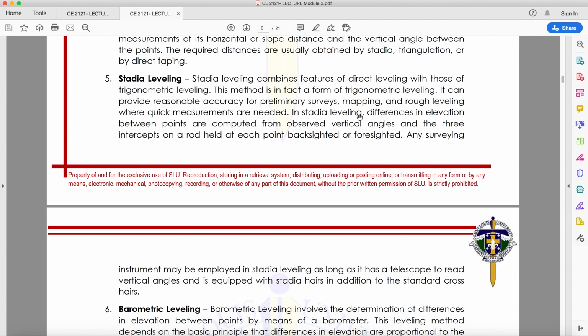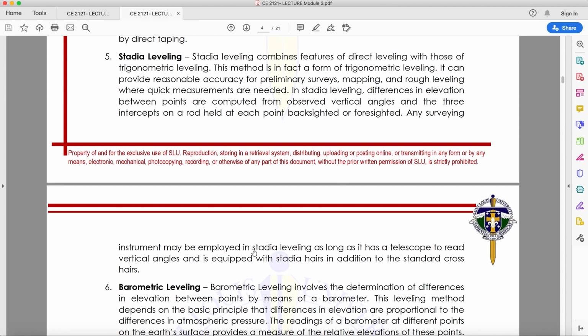In stadia leveling, differences in elevation between points are computed from observed vertical angles and the three intercepts on a rod to help each point back-sighted or foresighted. Any surveying instrument may be employed in stadia leveling as long as it has a telescope to read vertical angles and is equipped with stadia hairs in addition to the standard cross hairs.